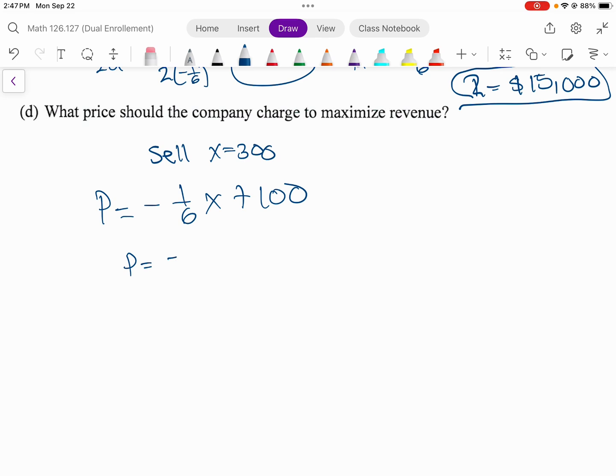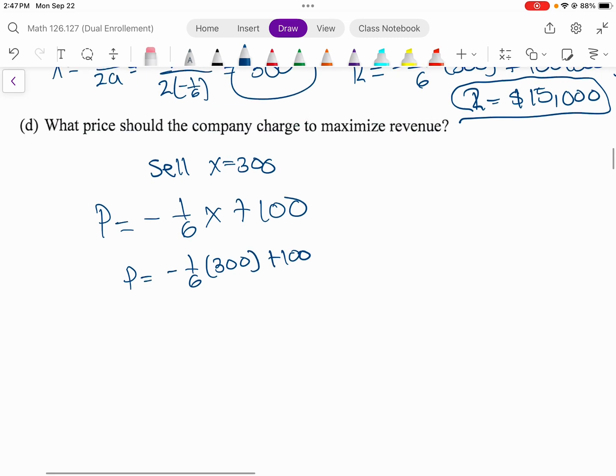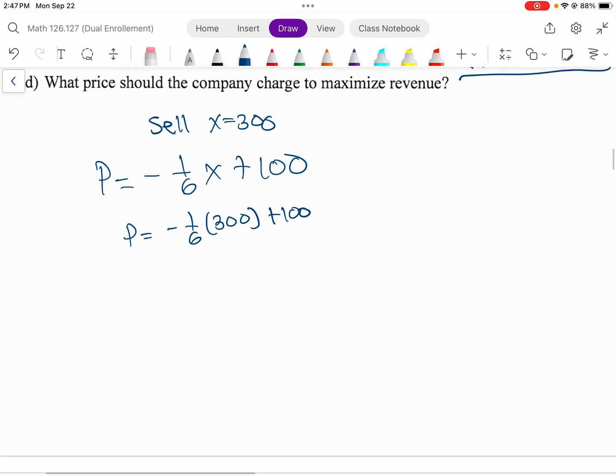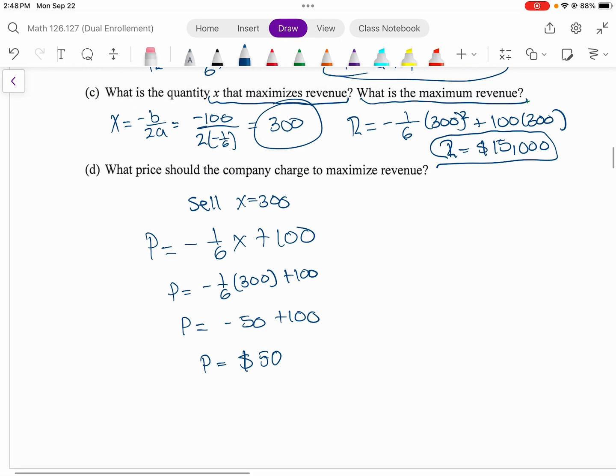So this is -1/6, we're going to plug in the 300, and then just simplify. Sorry about that. And then we get negative 50 plus 100, which eventually gives us a price of $50. So we need to be charging $50 per item. We need to sell 300, and our maximum revenue is going to be $15,000.